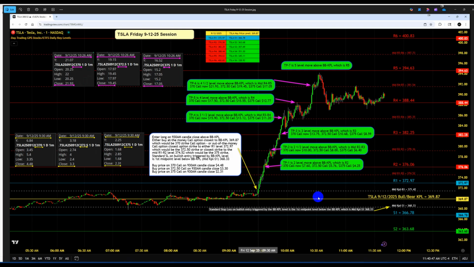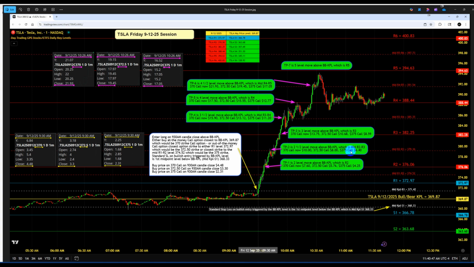So you can see how these different options, whether you're going slightly out of the money or a little bit out of the money versus at the money, react on a large move such as this. Going back to just the minimum move here, TP1, which is the 2-level move hit at R2, the 370 call was from 448 to 760, the 372.50 call from 330 to 576, and the 375 call 231 to 425, so almost a double here.